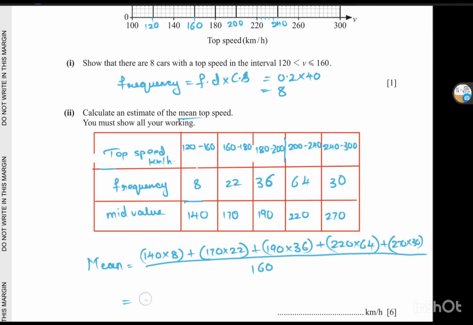We get 211.75. 211.75 kilometers per hour. That's it.